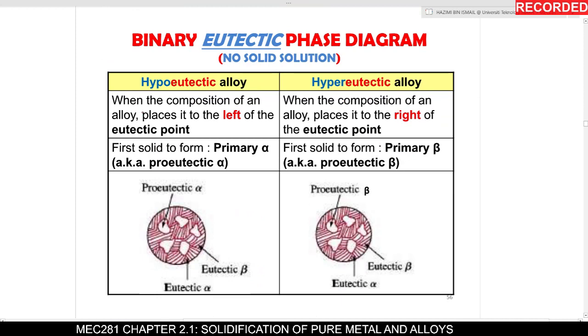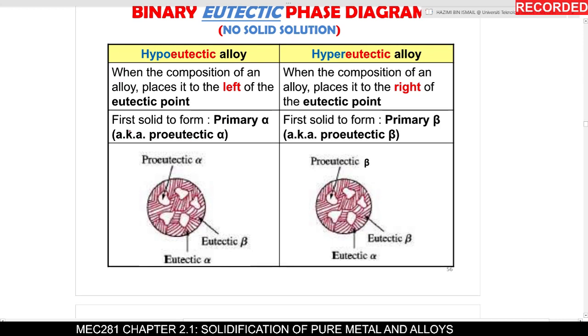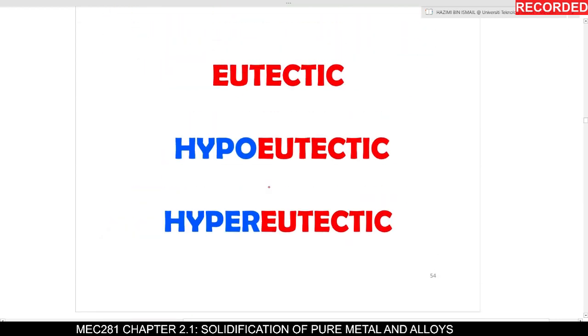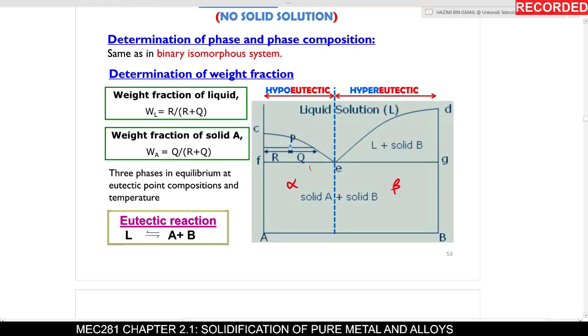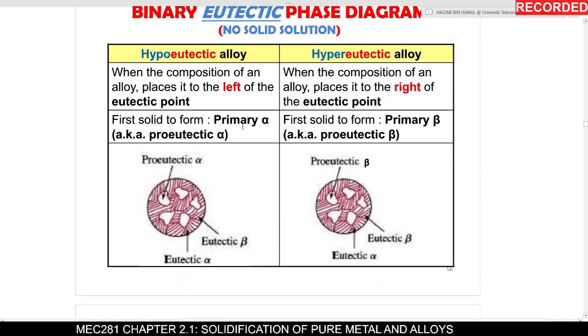Hypoeutectic is placed on the left, and hypereutectic is placed on the right of the eutectic point. The first solid to form is the primary alpha, because alpha is dominant here. This is alpha, this is beta. So on the left side, hypoeutectic, alpha is dominant, and the first solid to form is the primary alpha, also known as proeutectic alpha.